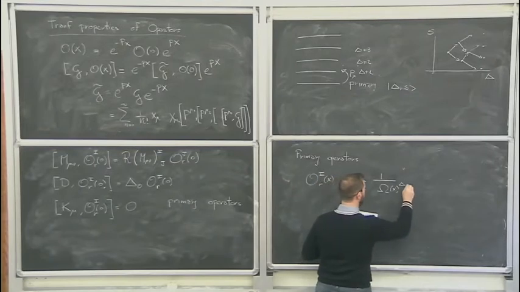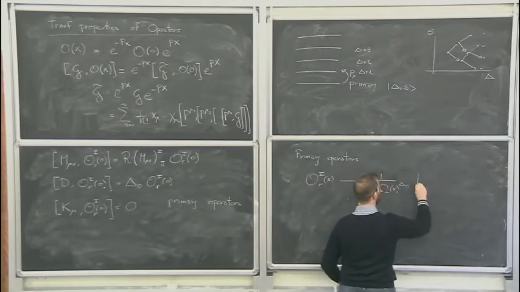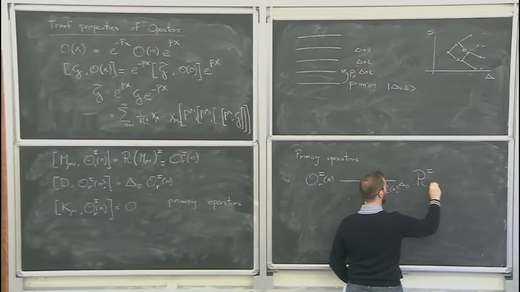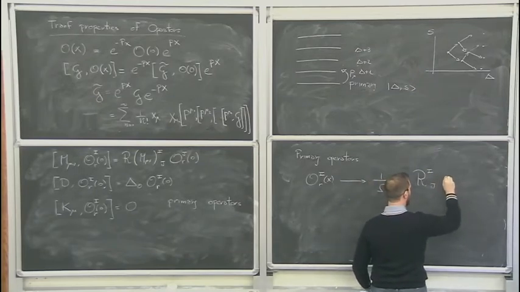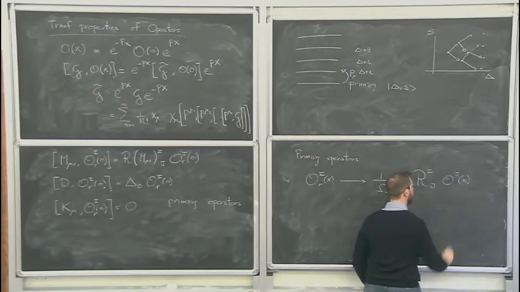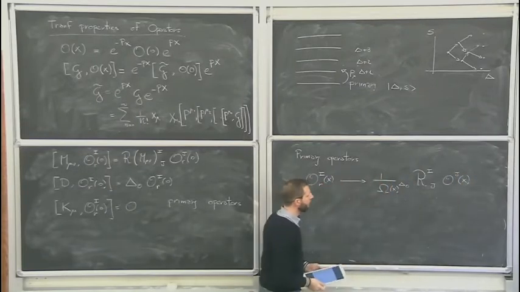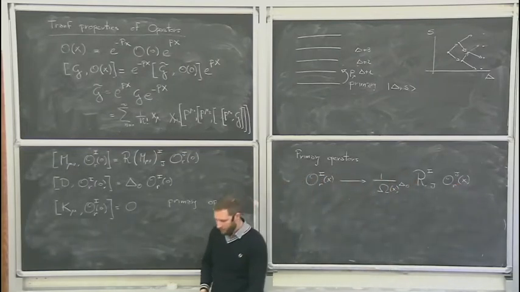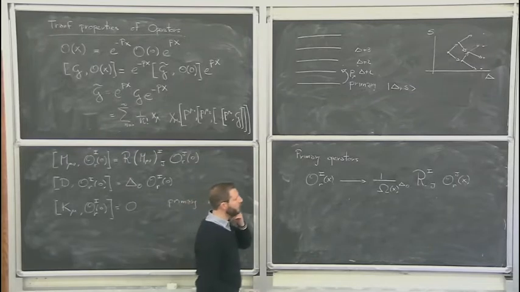Let's call it delta O. And then eventually the rotation matrix. Okay, so this will be the finite form of a transformation.